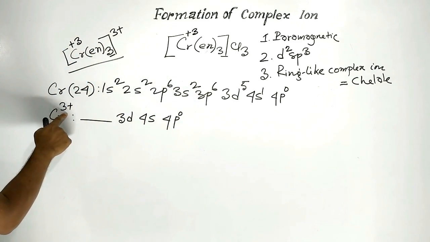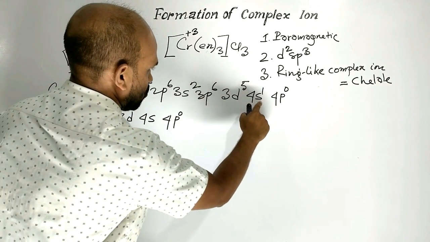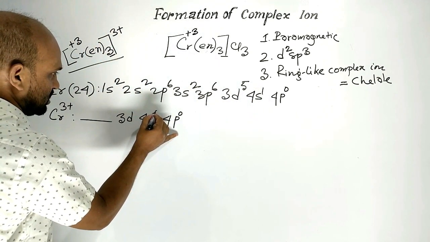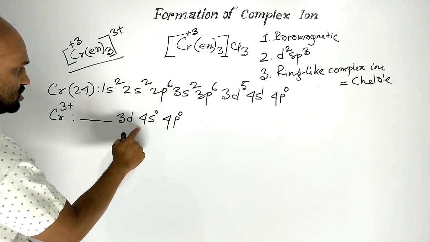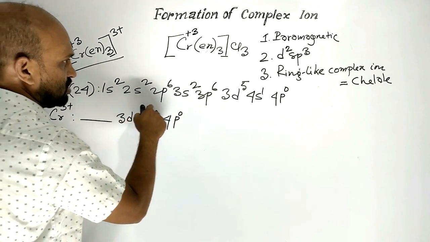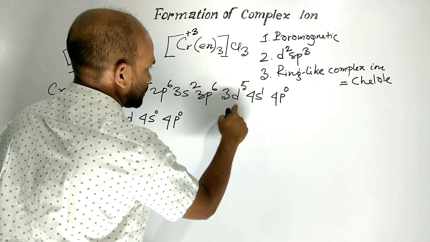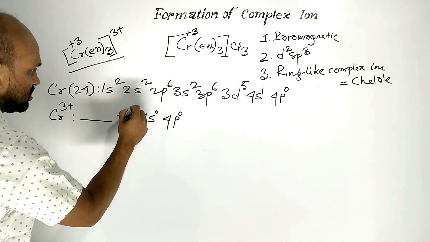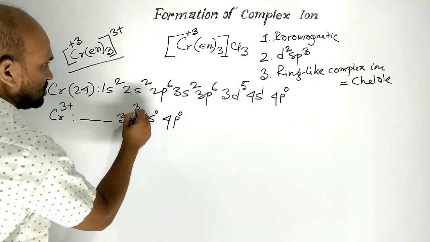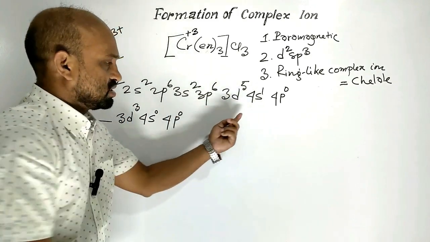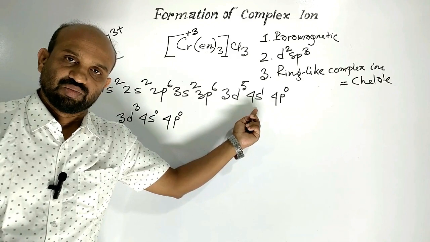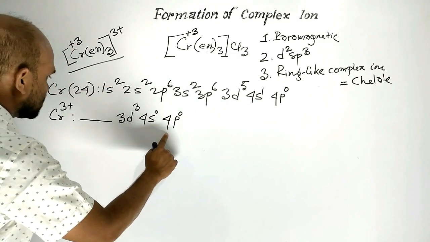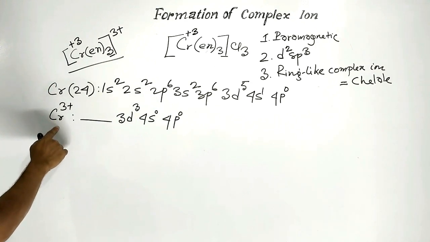Chromium donated 3 electrons, 1 electron from the 4s orbital, so now this is 4s0, and 2 electrons from the 3d orbitals. Now it will be 3d3. Total 3 electrons have been removed. Now this is the electronic configuration of chromium 3 plus ion.